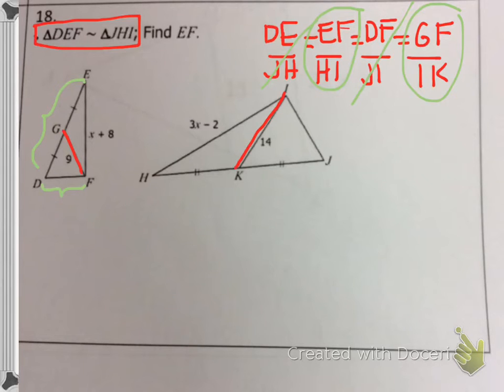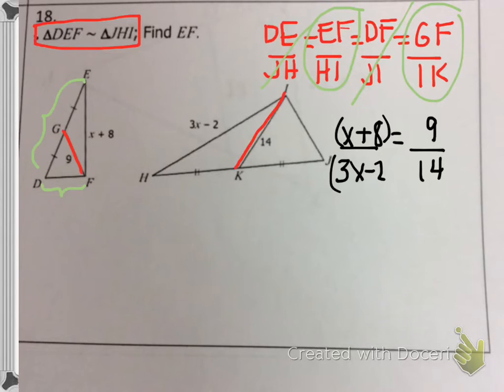EF, which is x plus 8, HI, which is 3x minus 2, and that's equal to GF, which is 9, and IK, which is 14. I'm going to put the two terms in parentheses. 9/14 can't be reduced, so I'm just going to cross multiply from here.